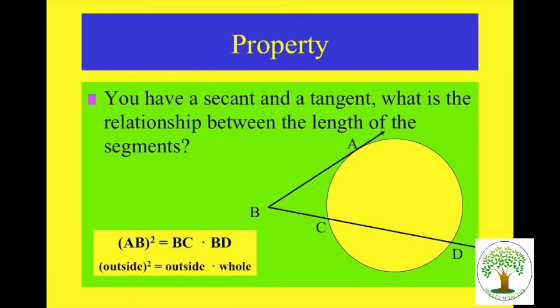So this translates that we have the outside squared, that's that tangent, equals that outside piece multiplied by the whole. Again, this is on your Formula Madness.